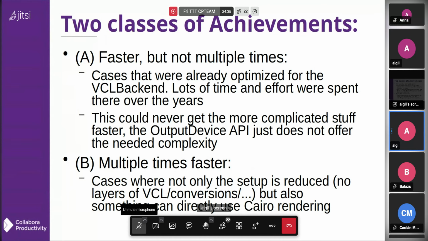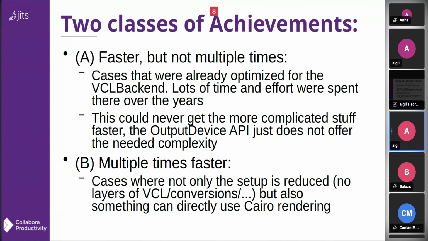So there are two classes of achievements: faster but not multiple times. Cases that were already optimized because a lot of time was already spent in the backends. And some stuff was already fast, but SCPR is still faster. And this could never get more complicated stuff faster because the definitions are just not there in the backends.